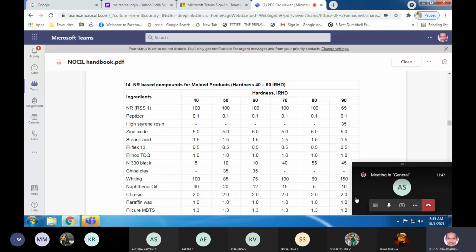The real rubberiness comes from balancing the cross-link density and the uncross-linked part, that is the molecular weight between the two adjacent cross-links. Molecular weight of the rubber between two neighboring cross-links.